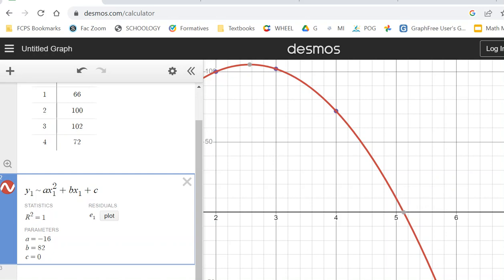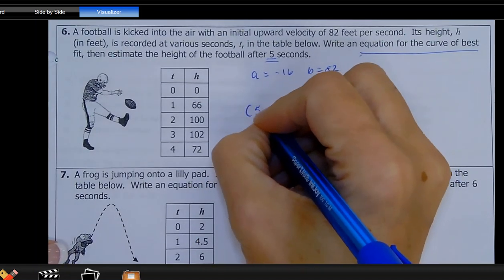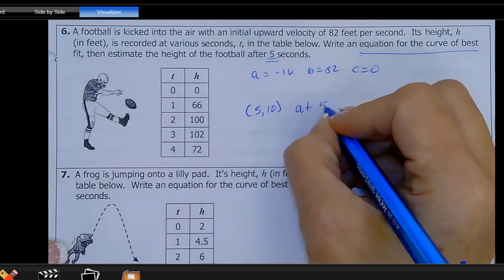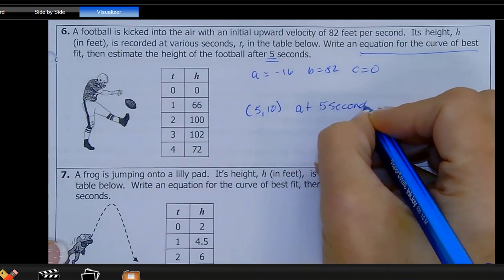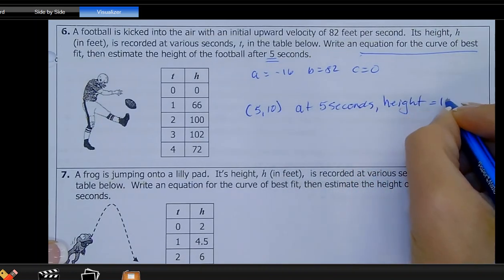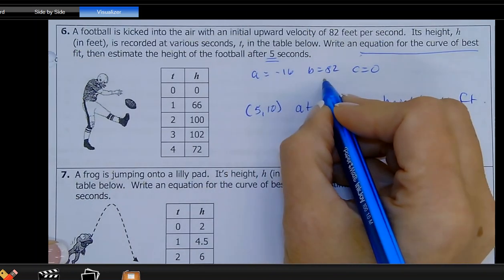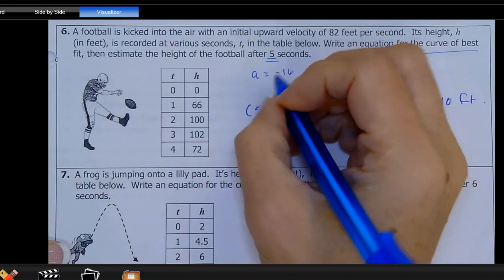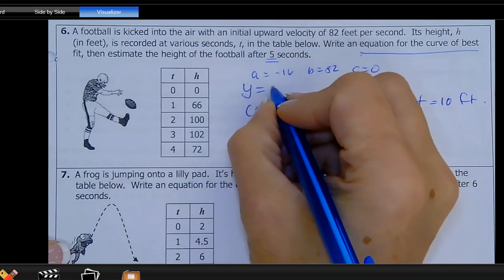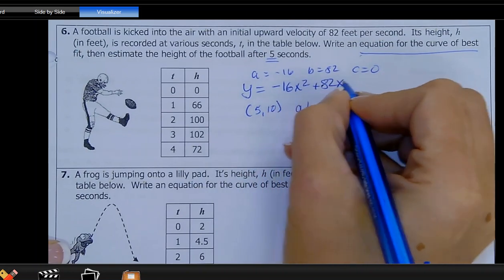Okay. So back to here. I found an ordered pair that was 5, 10. And so that means at 5 seconds, height equals 10 feet. Okay, now I found a and b and c, and I was told to write an equation, so of course I know y equals ax squared plus bx plus c, so I'm going to say negative 16x squared plus 82x plus 0.